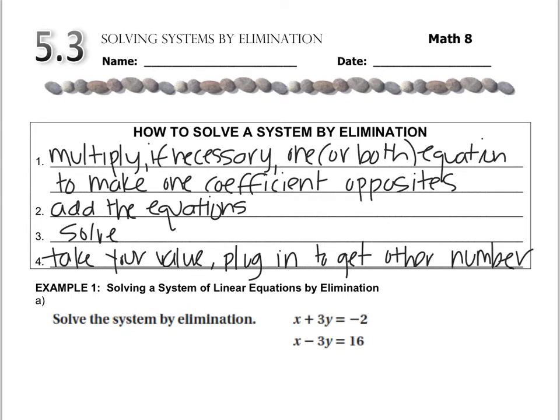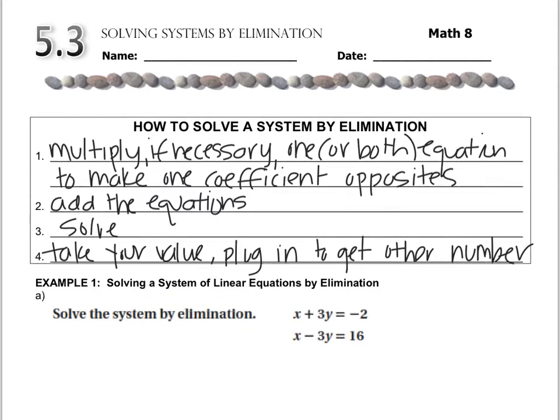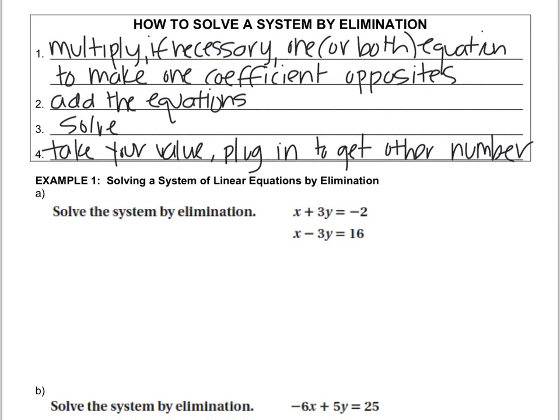All right, so let's use those steps as we do a basic one in example 1. We want to solve the system, which means we're trying to find the xy coordinate answer. The first step says to multiply, if necessary, one or both equations to make one coefficient opposite. So you're looking for opposites in your coefficients.